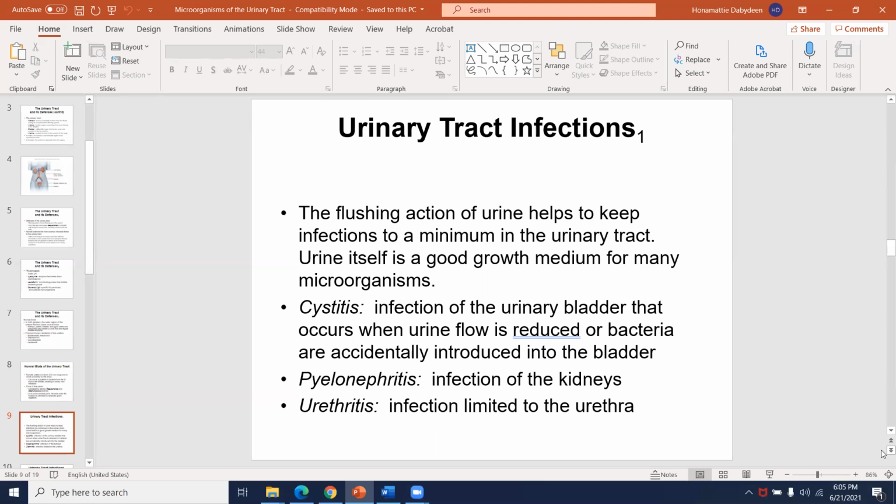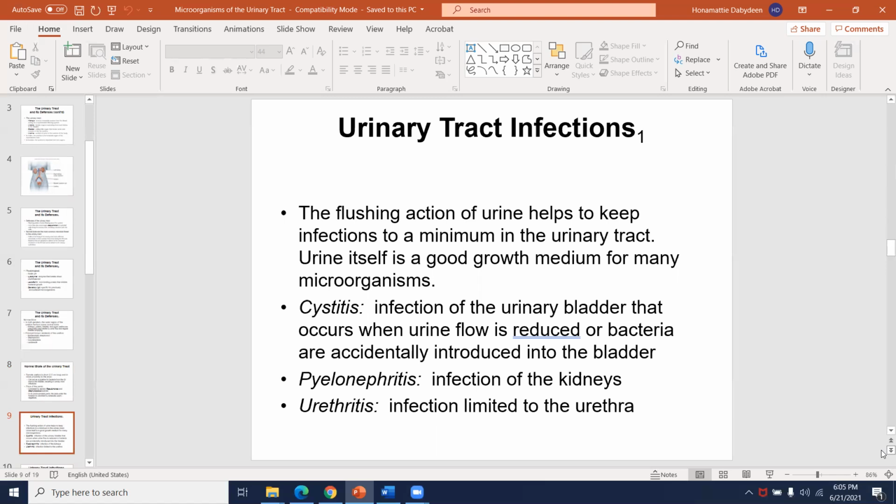Now, I did say up and down the urinary tract, you can have infections just about anywhere. Infections of the kidney itself, pyelonephritis. Sometimes you can hear about glomerulonephritis or even nephritis in itself. Kidney inflammation. And then, of course, the ureters can also be infected. I don't have it here, but ureteritis is possible.